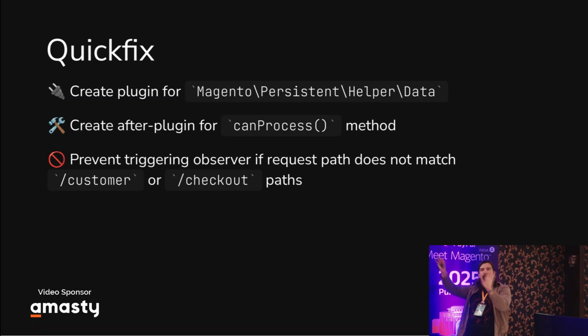that loads the whole quote, calculates totals, everything. It might even do API calls to some payment systems or shipping providers, just to check if the cart is expired. This is kind of bad. We know some people use this functionality. I honestly haven't seen any merchant who uses persistent shopping cart.